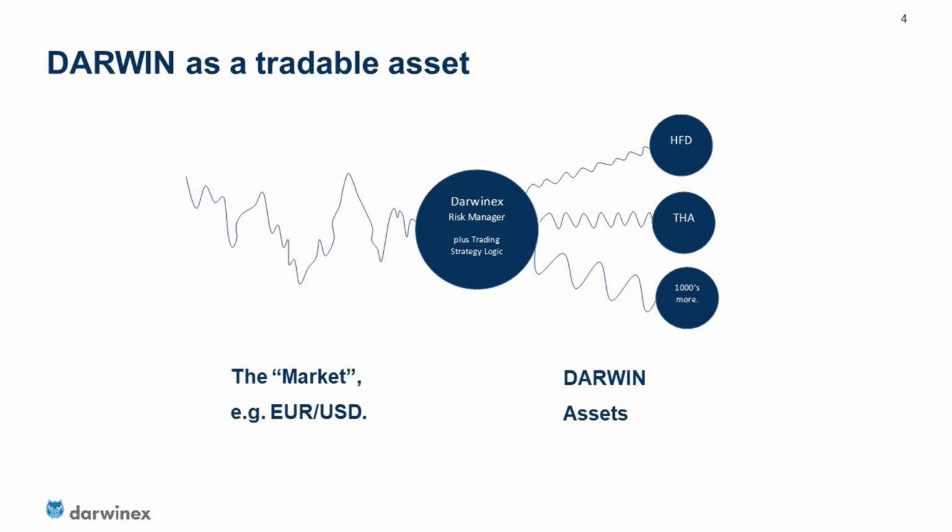Our hypothesis is this: the interaction between a logic and the underlying asset gets you a result that is more exploitable to trade than the raw asset itself, the conventional asset.